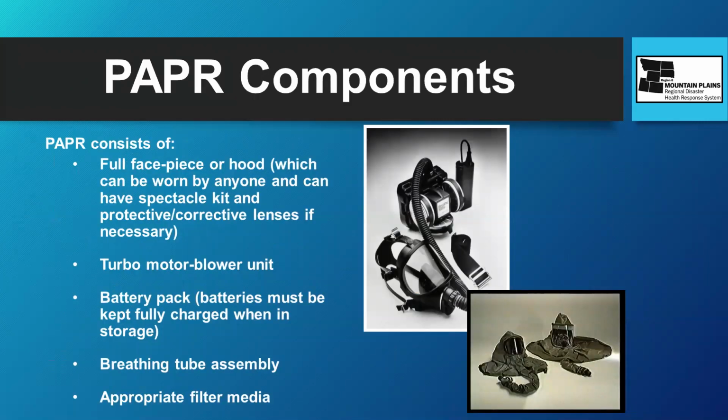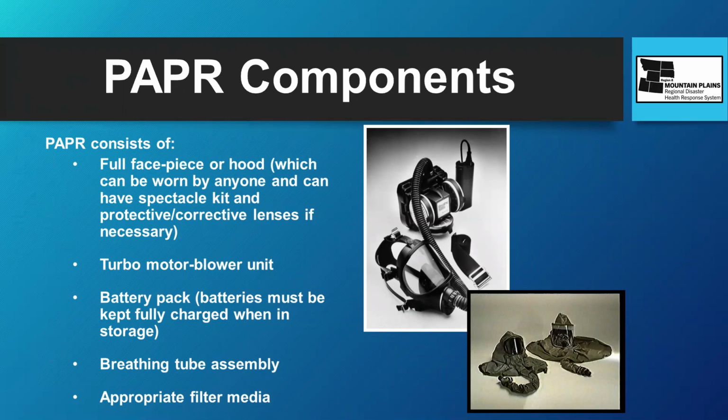So, components: the facepiece or the hood, the blower unit, the battery pack, the breathing tube assembly, and the appropriate filter. And the nice thing about the blower unit is that it does sort of provide cool air over the face.